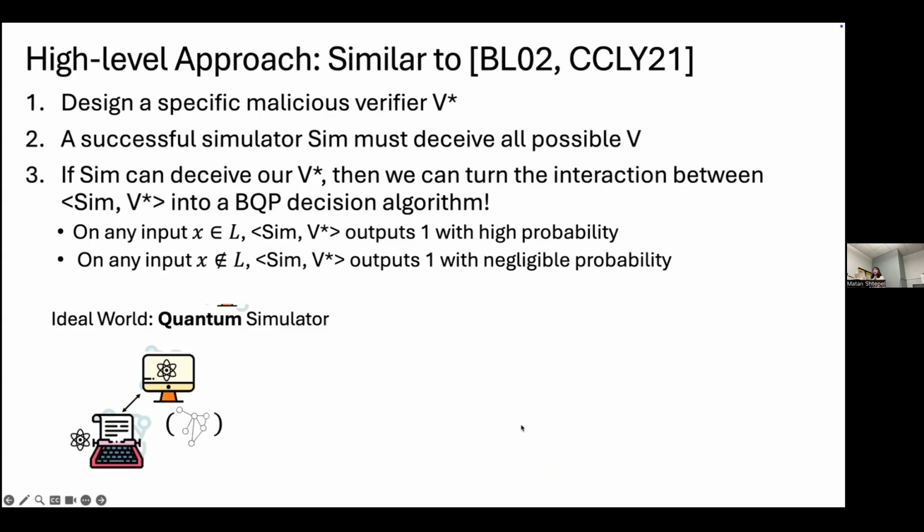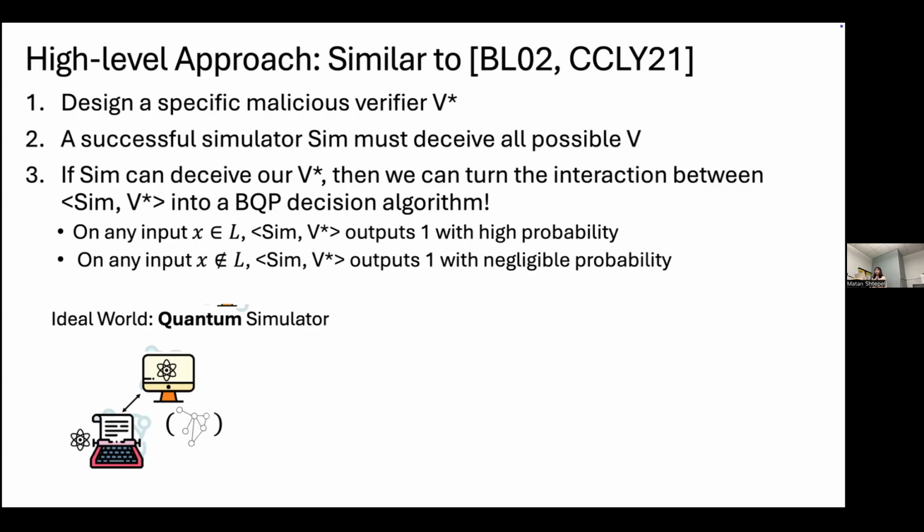The high-level approach of Barak-Lindell, CCLY, as well as our paper, is that in this specific protocol, where we only have constant rounds, black-box and strict polytime, the simulator doesn't really learn much by rewinding.